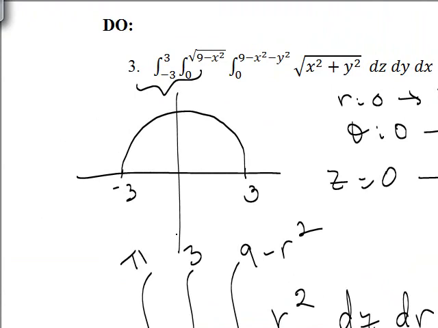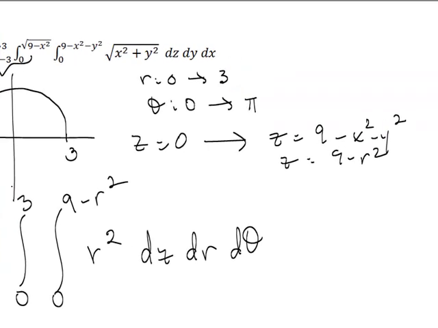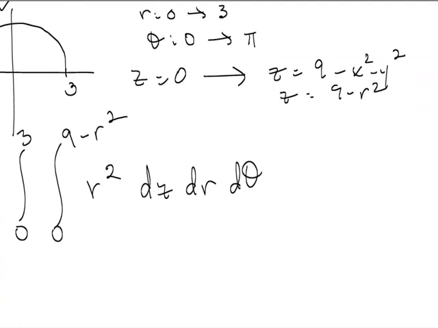Please always remember the Jacobian, because if you forget, that is a crucial error and you lose a lot of points. Okay, it's important to put in the Jacobian. Do you have any questions on this? Okay, let's move on.